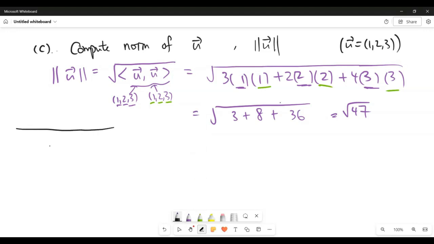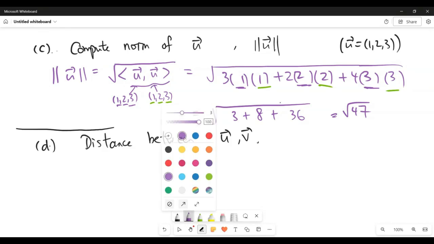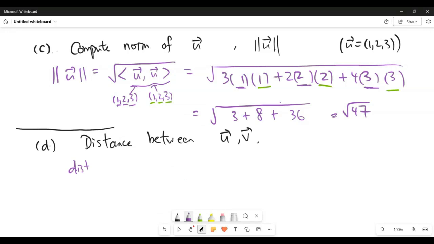The second one is, let's try to compute the distance between the two vectors u and v. By definition, the distance between the two vectors u and v is the norm of the vector v minus u. Please recall that I'm using the v as above, which is 4, 5, 6 in R3.